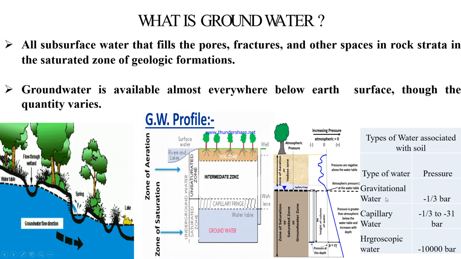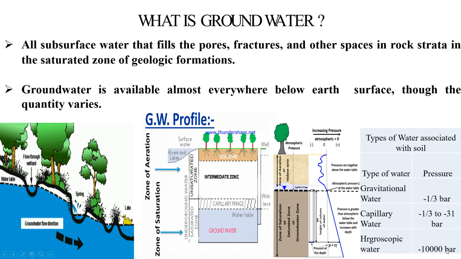To remove the gravitational water from this zone, it requires minus 1 by 3 bar, where 1 bar is equal to 1 into 10 power 5 Newton per meter square. It requires that much pressure to remove the gravitational water in the unsaturated zone. In the capillary zone, it will require minus 1 by 3 to minus 31 bar. Hygroscopic water requires minus 10,000 bars.